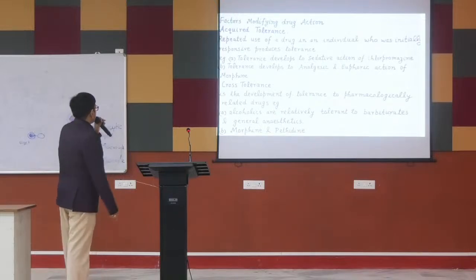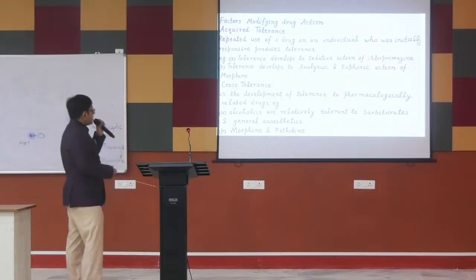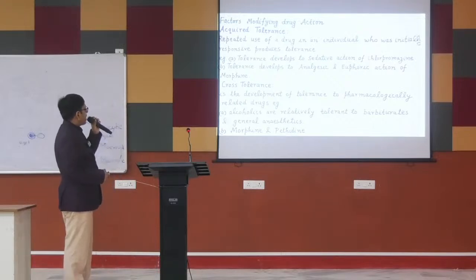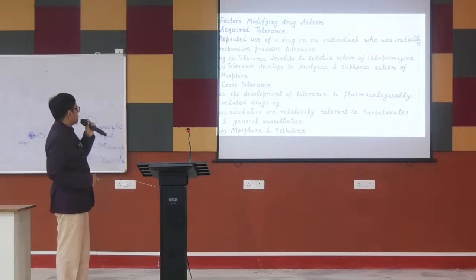Now, tolerance can be of two types. One is acquired tolerance. Acquired tolerance is, just what I said now, when you give a drug continuously, its responsiveness gradually reduces. Example, acquired tolerance develops to a drug called chlorpromazine. It's an antipsychotic drug, used in treatment of psychiatric disorders.